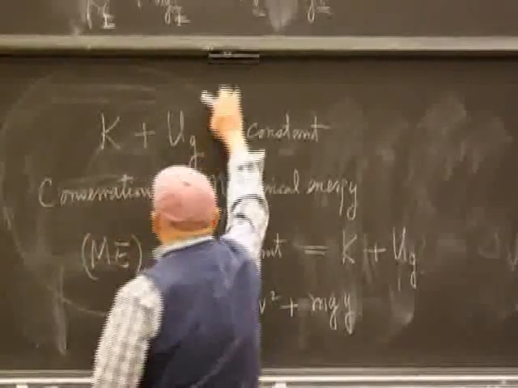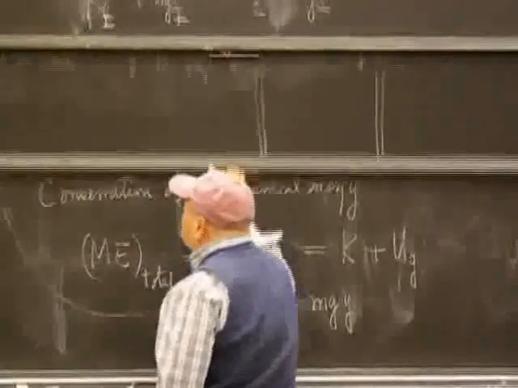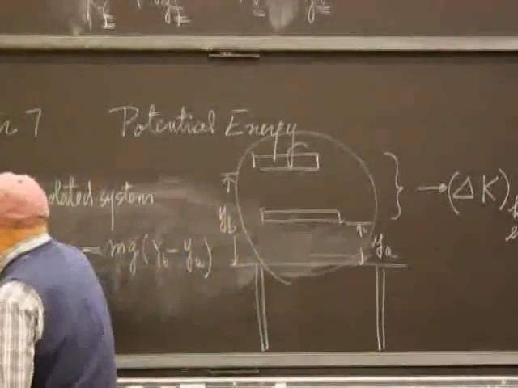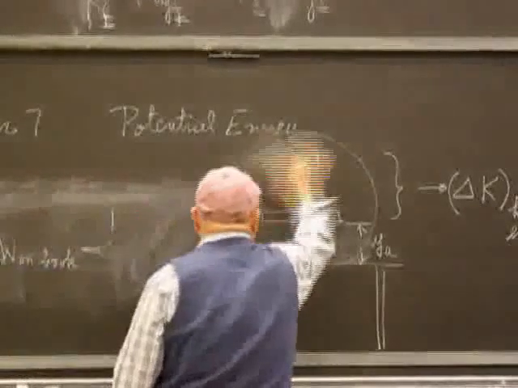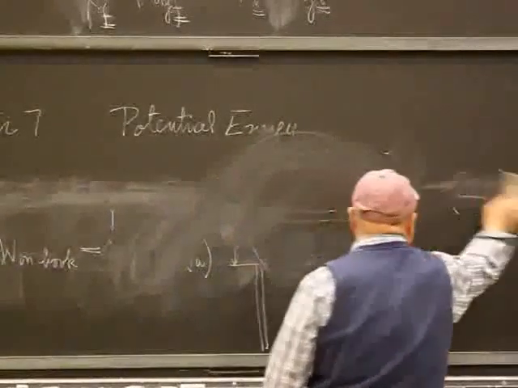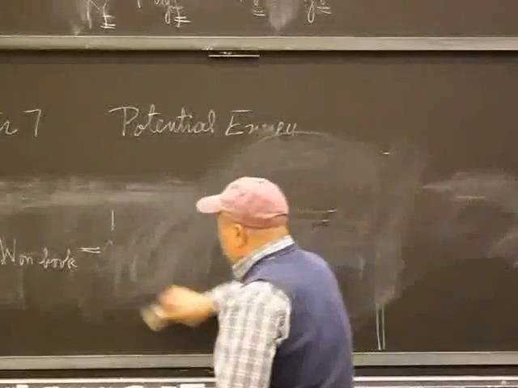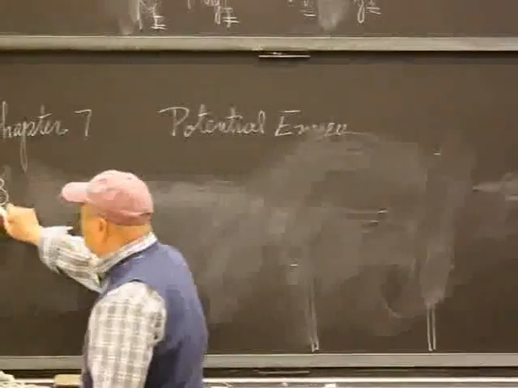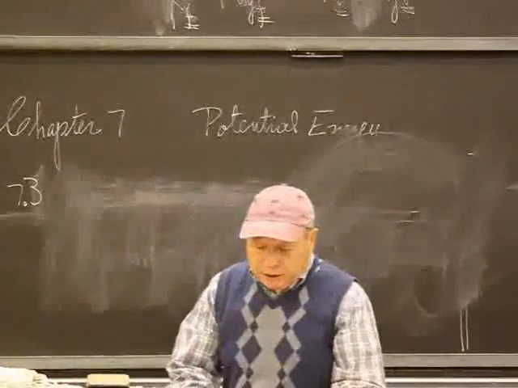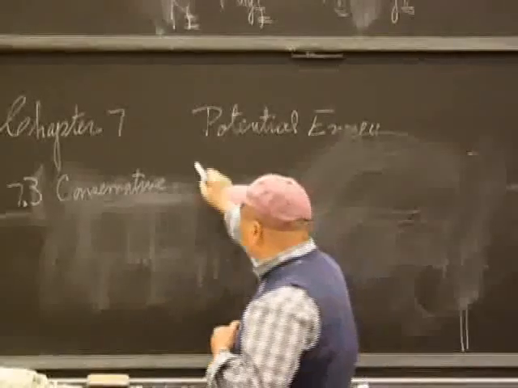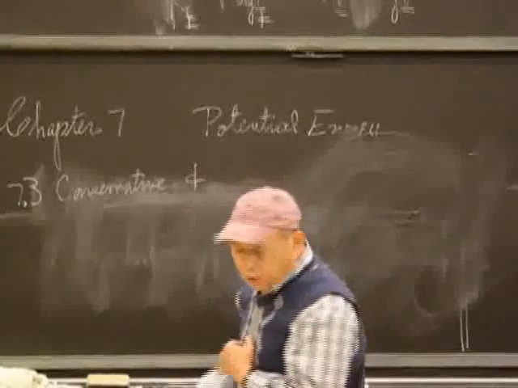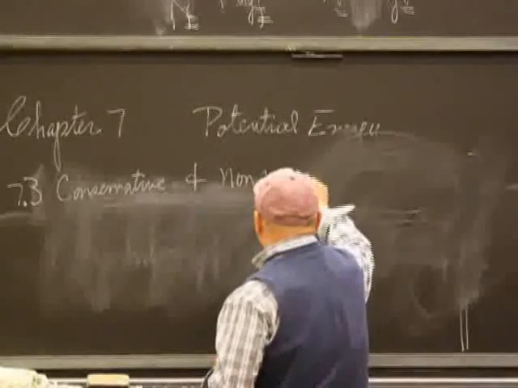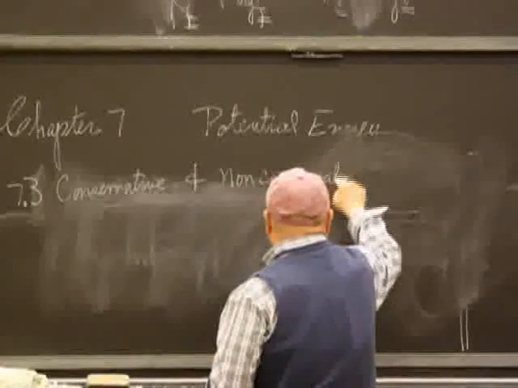Now, on the conservation of energy, the next one we like to talk about is section 7.3, a very important section. In this case it is about non-conservative force and conservative force.